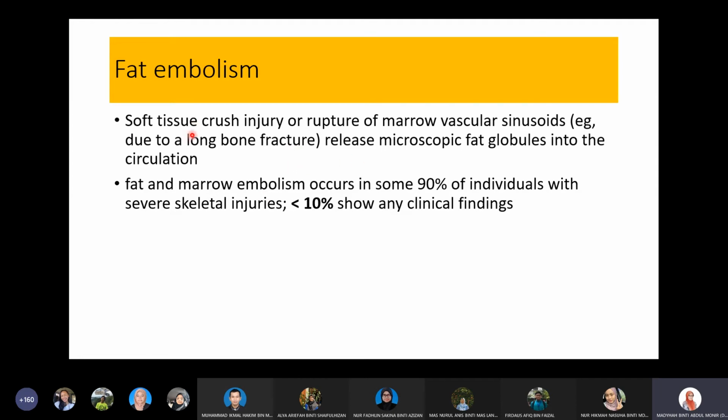When there is soft tissue crush injury or long bone fracture, this will release microscopic fat globules into the circulation, meaning that you cannot see them with your eyes. Microscopic means small. It occurs in severe skeletal injury. You must have a massive, multiple injury for this condition to occur, but usually it is asymptomatic. Only less than 10% show any clinical findings.